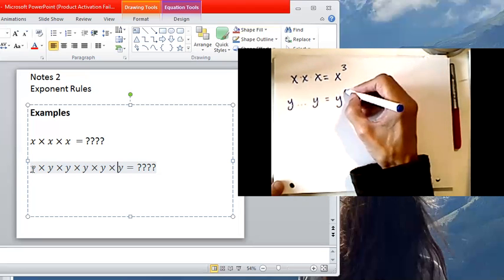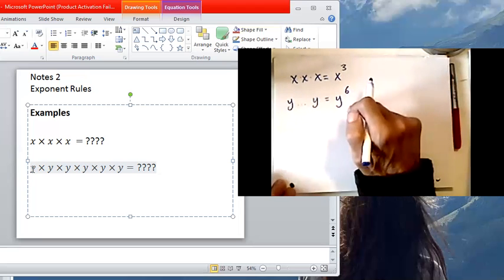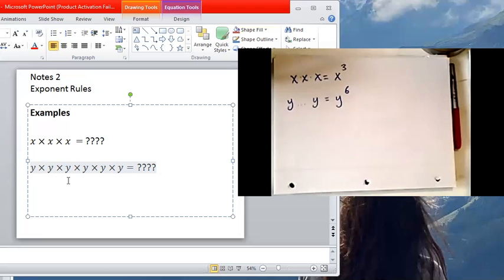Yeah, for sure. We got 6 y's that are written down there. Haneen, you okay with that there? Okay, so 6 y's are like that. So we get y to the 6.